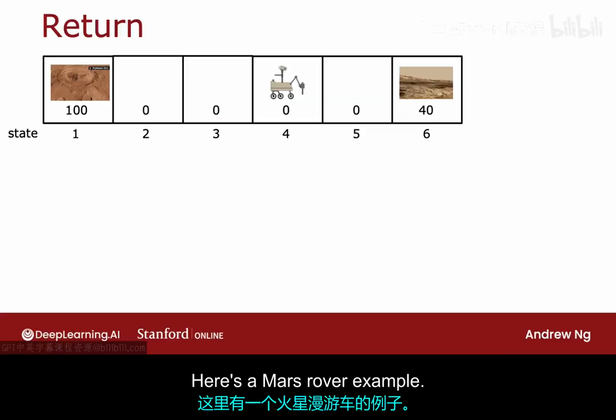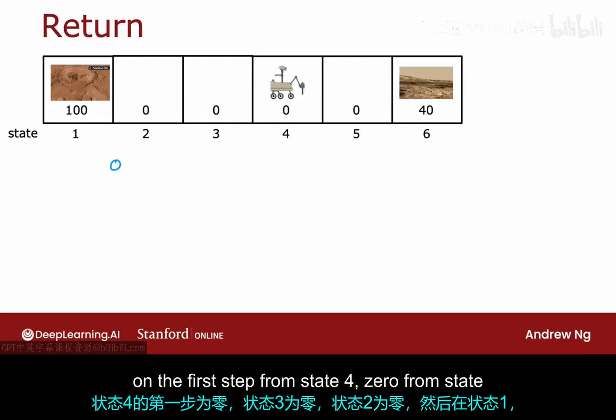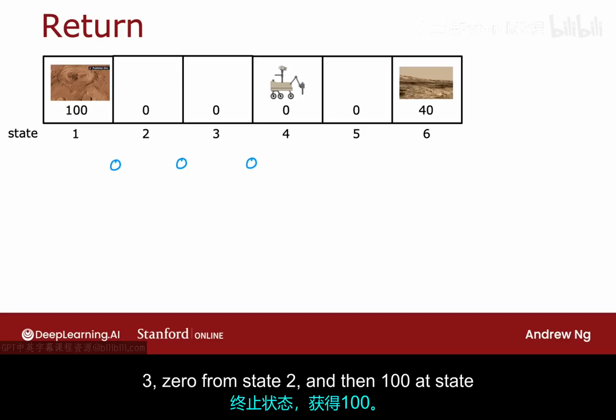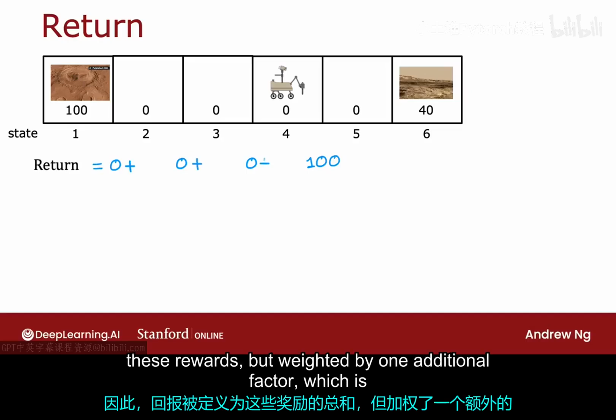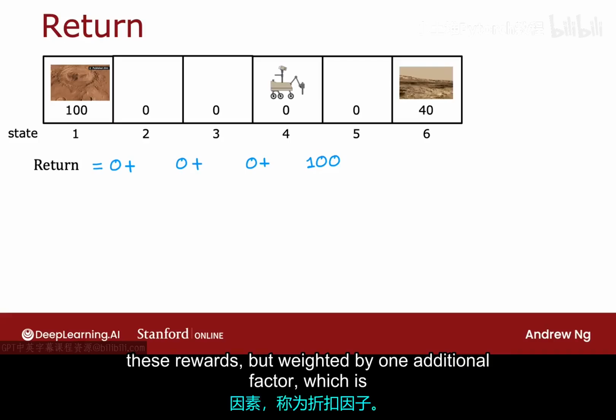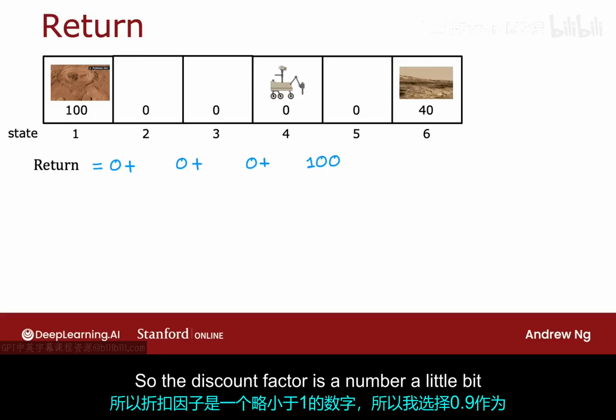Here's a Mars rover example. If starting from state 4, you go to the left, we saw that the rewards you get would be 0 on the first step from state 4, 0 from state 3, 0 from state 2, and then 100 at state 1, the terminal state. And so the return is defined as the sum of these rewards, but weighted by one additional factor, which is called the discount factor. The discount factor is a number a little bit less than 1.